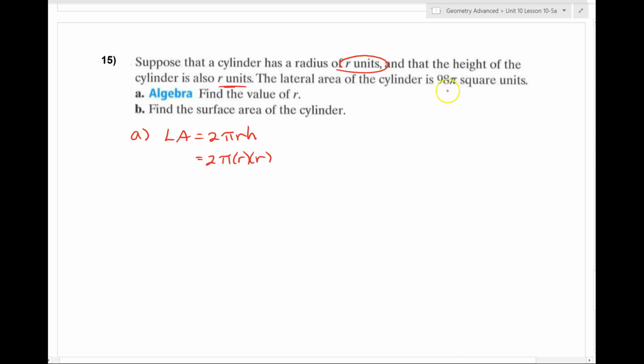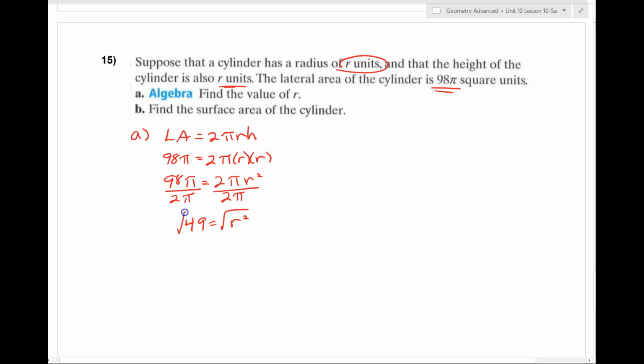And we also were given the fact that the lateral area was 98 pi. So I get over here 98 pi is equal to, well, that's 2 pi times the radius squared. Do not confuse that with the area of a circle, which is only pi r squared. Just emphasizing that point. And then go ahead and divide by 2 pi. And notice you get 49 is equal to the radius squared.